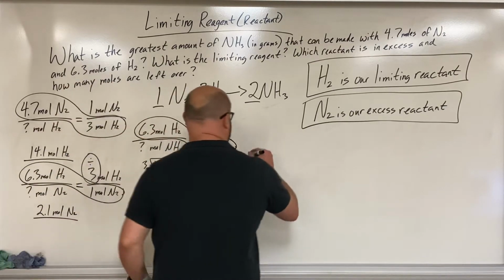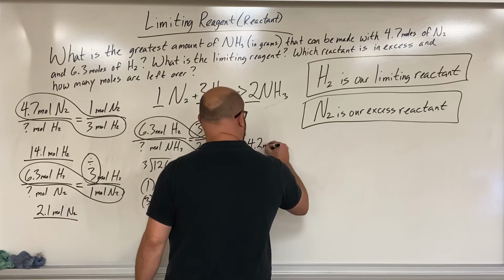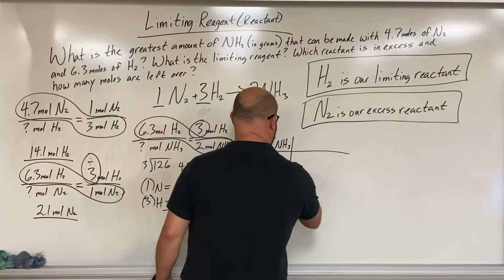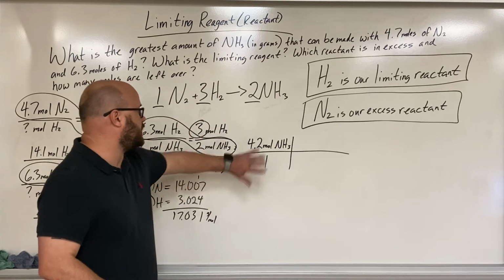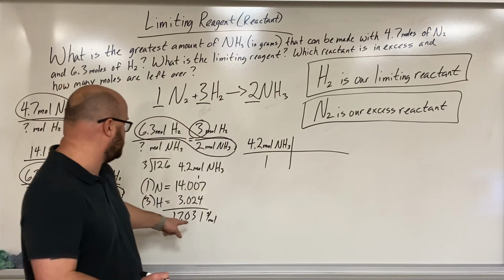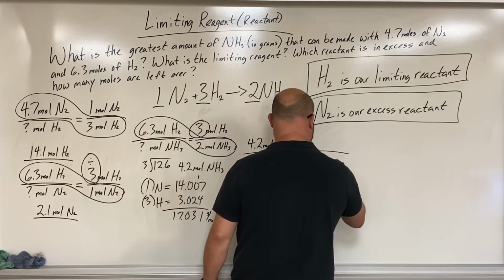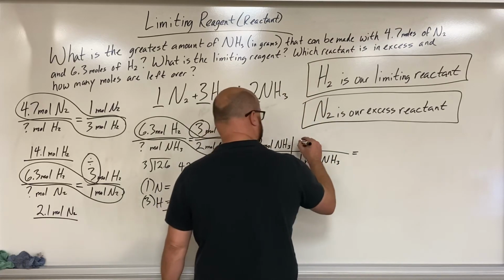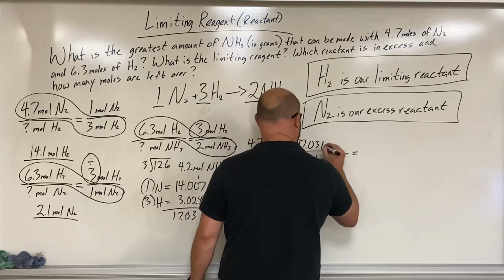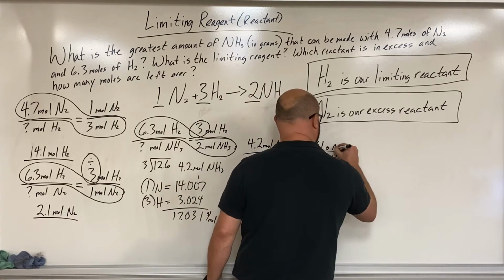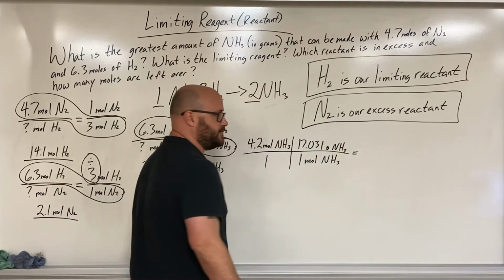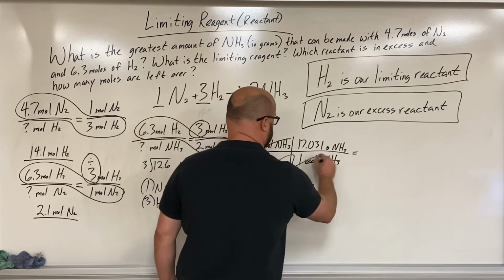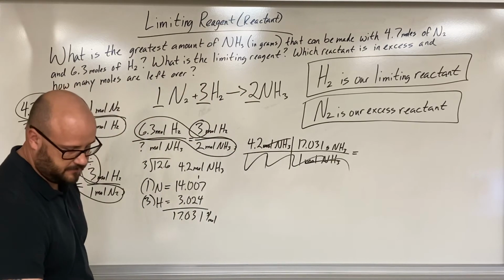Now, plug this in like we know how to do. 4.2 moles of NH3. Railroad track, railroad tie over 1. We want moles to go away because we want grams, so moles is going to go on the bottom. So 1 mole of NH3 is equal to 17.031 grams of NH3. Cancel out your units. Bottom part, 1 times 1, don't even have to worry about that.